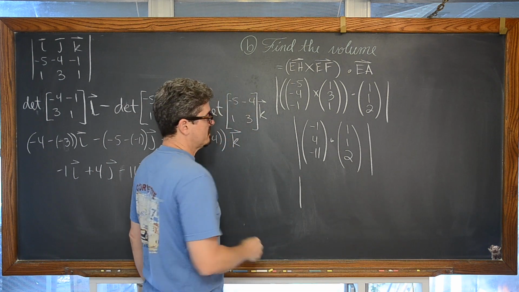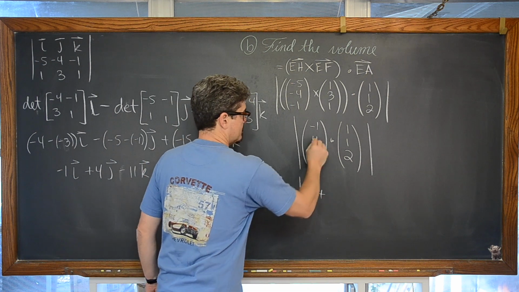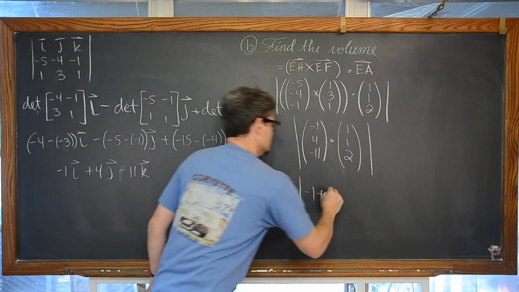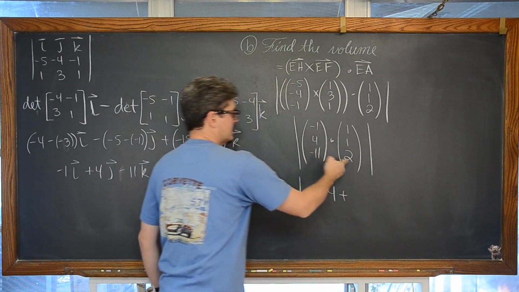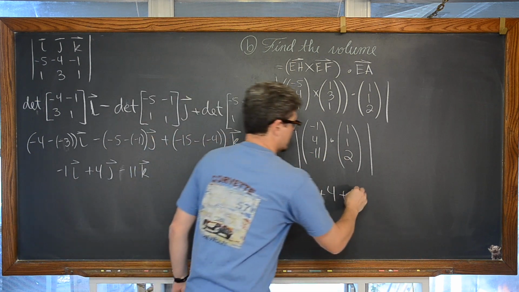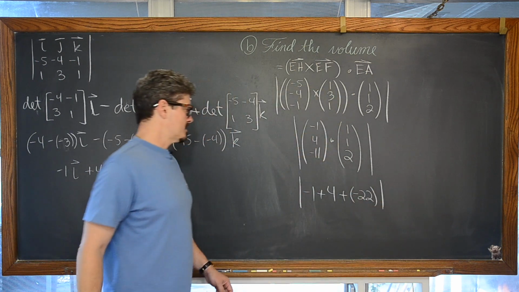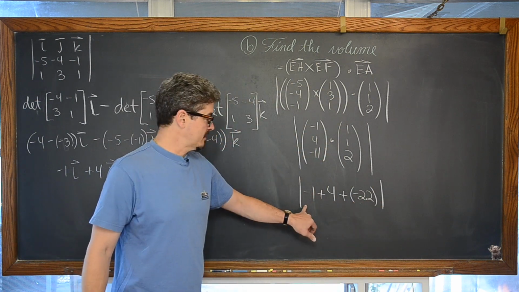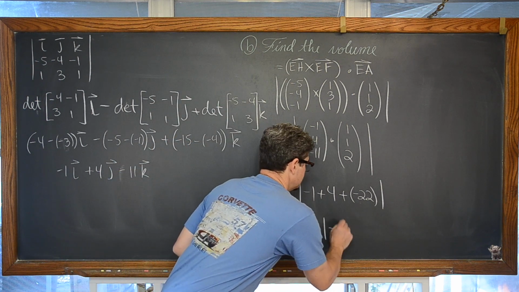And we have the absolute value of -1 times 1 is -1, plus 4 times 1 is 4, -11 times 2 is -22, so plus -22. We've got -22, -23, plus 4 is -19.